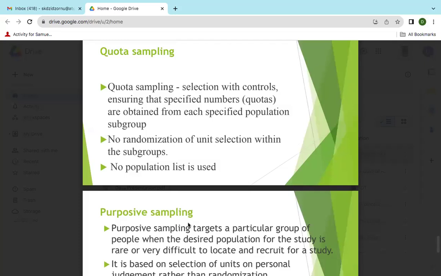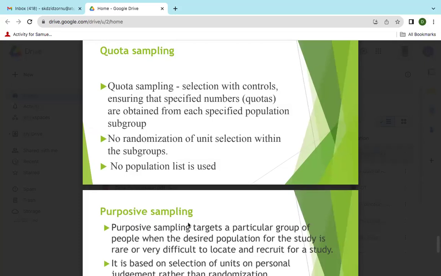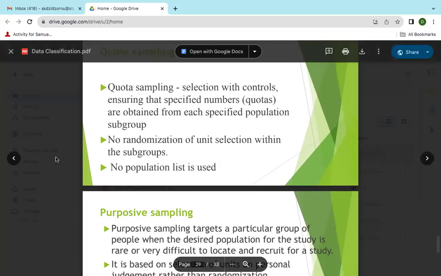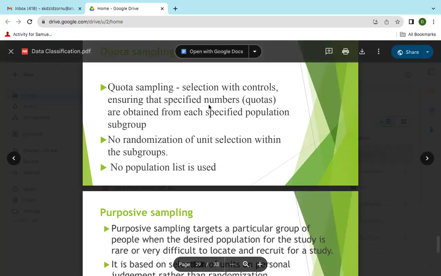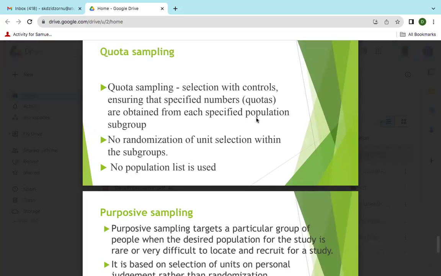With quota sampling, we have a predefined set of numbers. Let's say we want 500 people. Here there are a few controls. We can say that with the 500 people, I want 250 males and 250 females. That's what we mean by specified numbers obtained from each specified population subgroup.